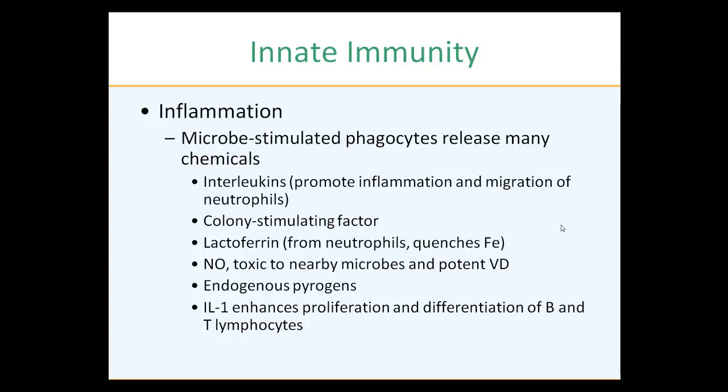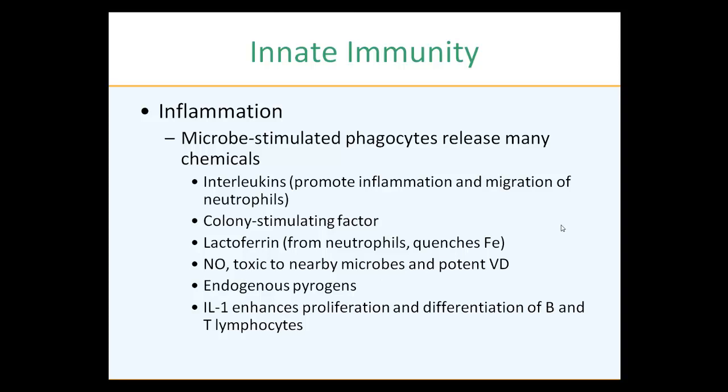The activated phagocytes, which got activated because they were interacting with microbes, will secrete nitric oxide. The nitric oxide, A, is toxic, but also B, induces vasodilation in the arterioles, and therefore the capillaries will open up, and as we said earlier, you have hyperemia in the region.